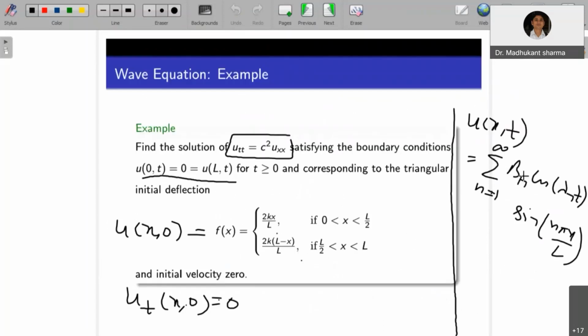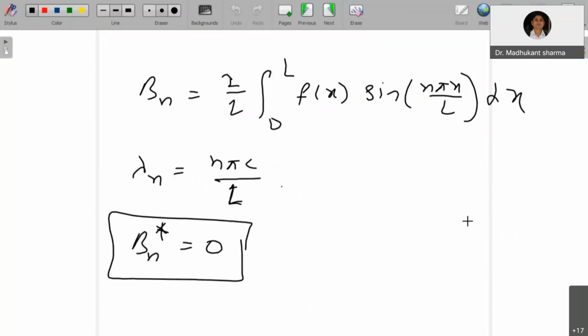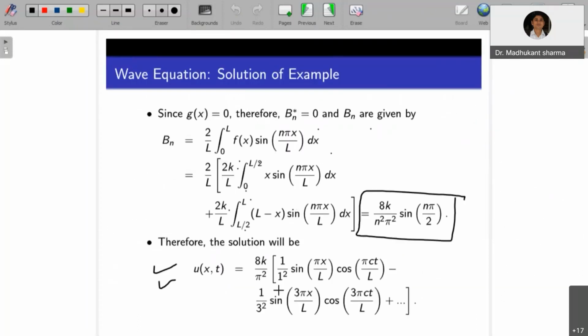So replace Bn by its value, lambda n, n pi c by L, n pi x by L, and you just replace them. So if you have any question, any doubt, you can ask.